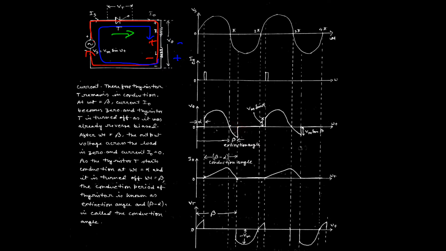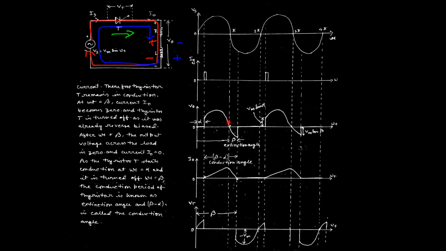That means from alpha to this point the device is still in conducting state. That is why, from alpha to this point, the nature of the output voltage should be exactly equal to the nature of the supply voltage.